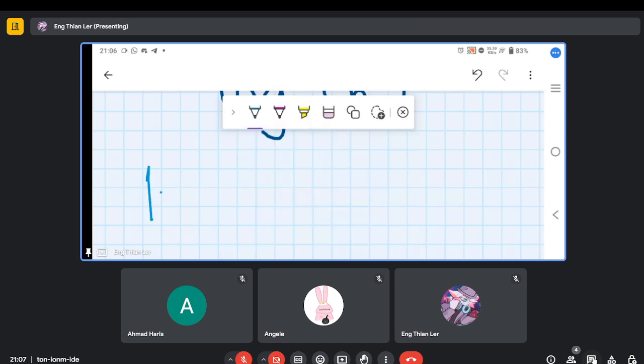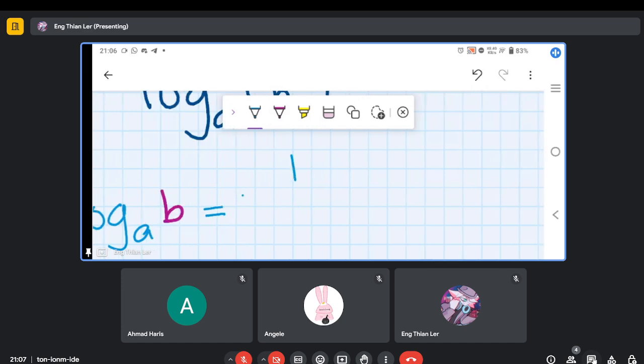Okay. So log a, this is red, b equal to what? 1 over log, and then the a over here. The b becomes here. How do we get this?